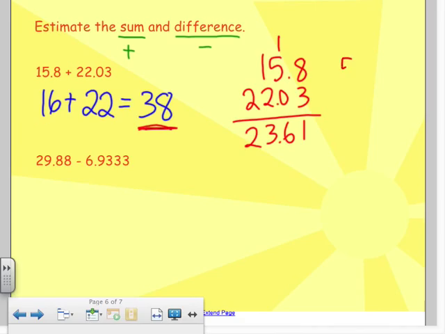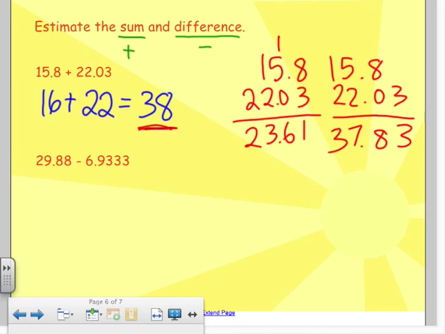If I do the problem correctly and line up the decimals, you'll see that I get very close to 38. 37.83, which rounds to 38, okay? So you can clearly see that this was not done correctly. So it's a way to help check your mistakes by mentally estimating what the answer should be. So go ahead and pause and try this next one on your own, and when you finish it, hit play to see what the answer should be.